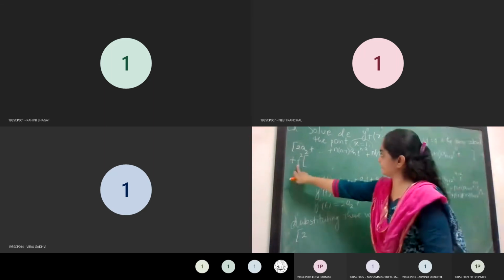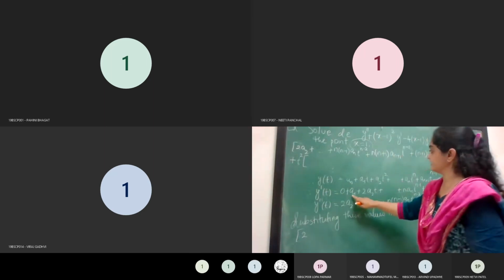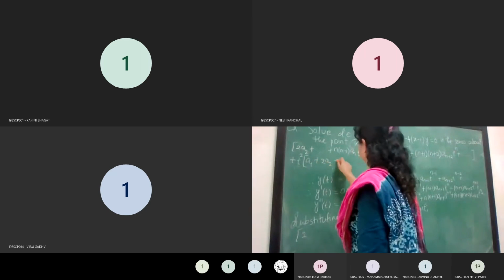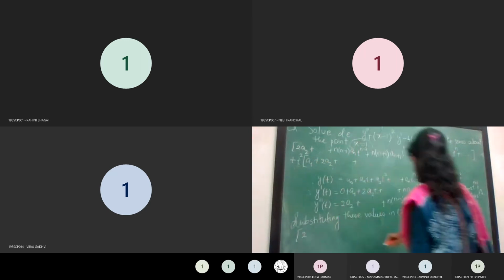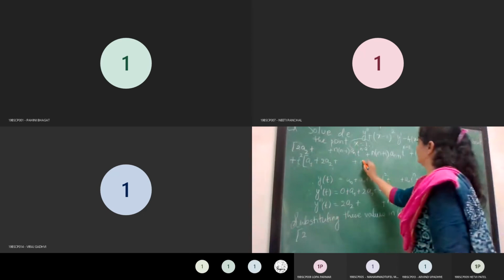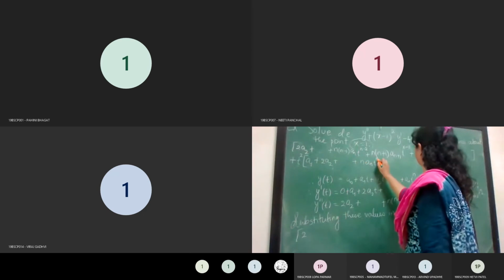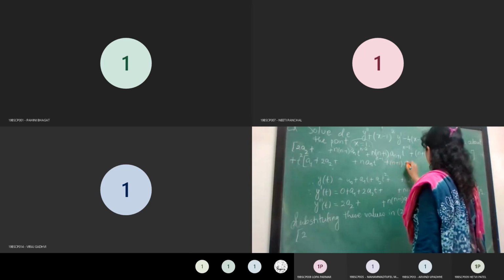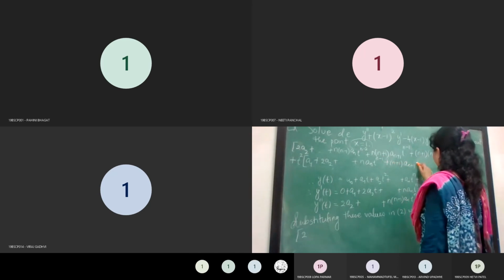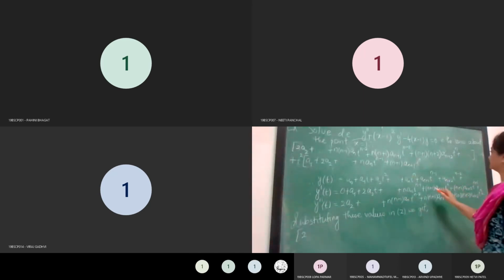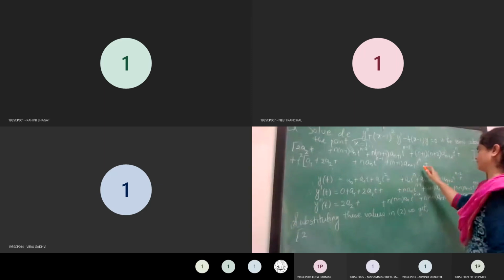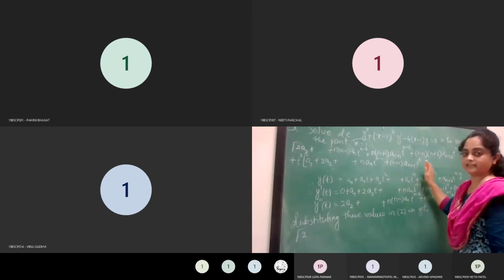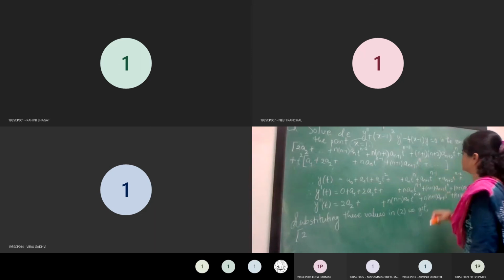So t square I have written over here and y dash, that means it is a1 plus 2a2 t plus up to plus n a_n t raised to n minus 1 plus (n plus 1) a_{n+1} into t raised to n plus. Why am I not writing this term? Because I will need the power of t raised to n. That's why I am skipping the next term.